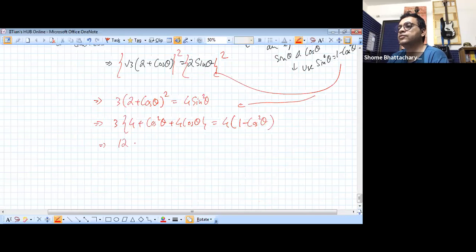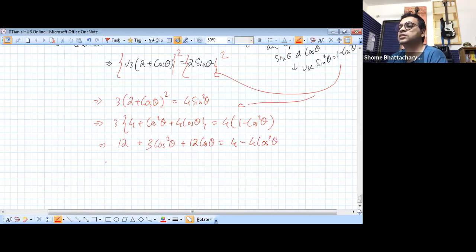So 12 plus 4 cos square theta, sorry, plus 3 cos square theta, my mistake. So 12 plus 3 cos square theta plus 12 cos theta is equal to 4 minus 4 cos square theta.